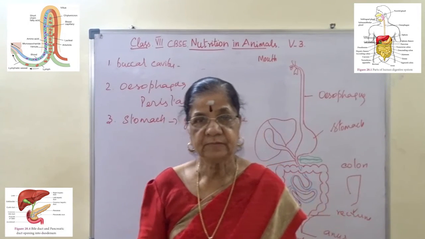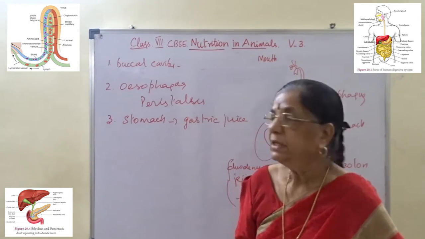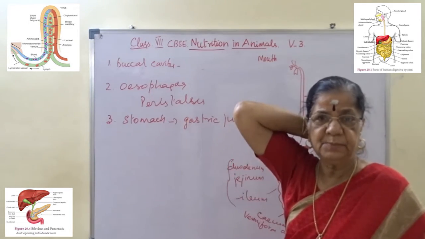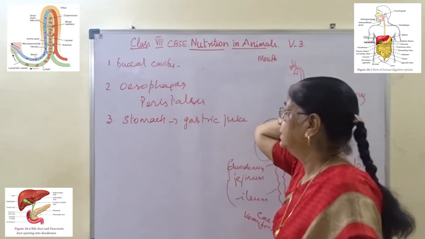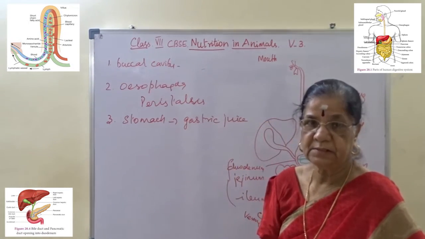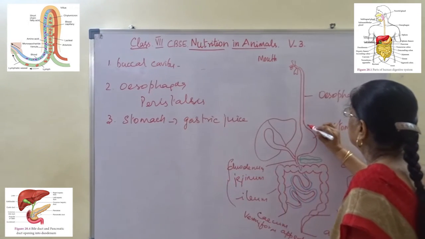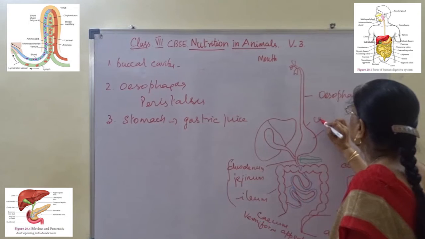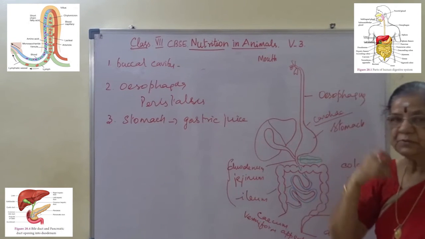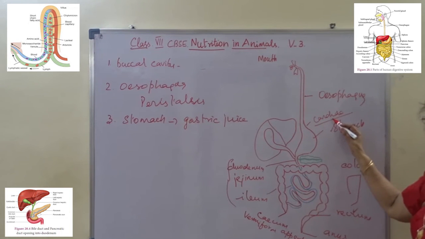I hope you understand. So now this is the structure of the alimentary canal. We have seen the buccal cavity and the process of digestion, and then the esophagus, by peristalsis, reaches the stomach. Now this stomach at the anterior end is called the cardiac region. Why do we say that? Because the heart is here, so this is called the cardiac end.